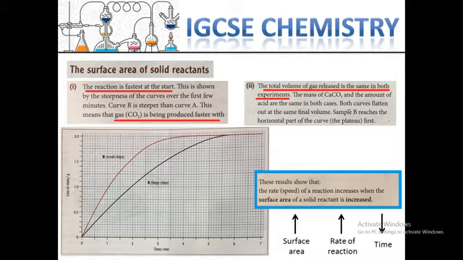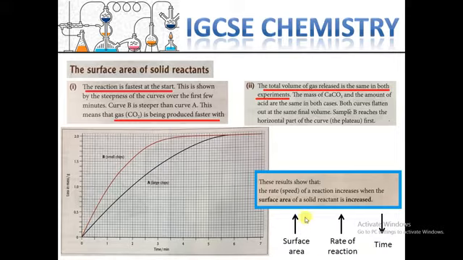if you have a big piece of sugar, that would be a slower reaction if you want to mix it in water. Same amount of water, same temperature, but if you have a smaller piece of sugar, which is powdery, you can mix it with water faster, because when you reduce the size of the reactant, you increase the surface area.